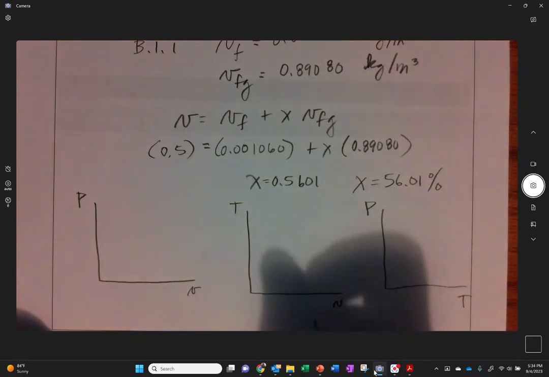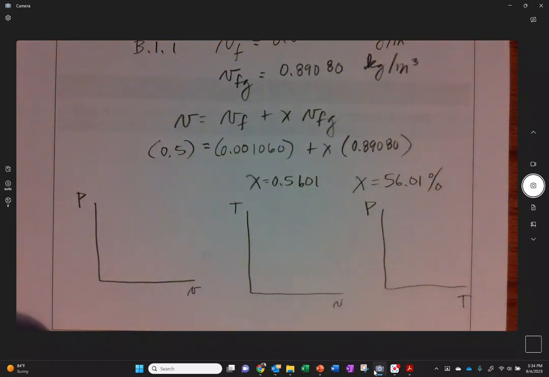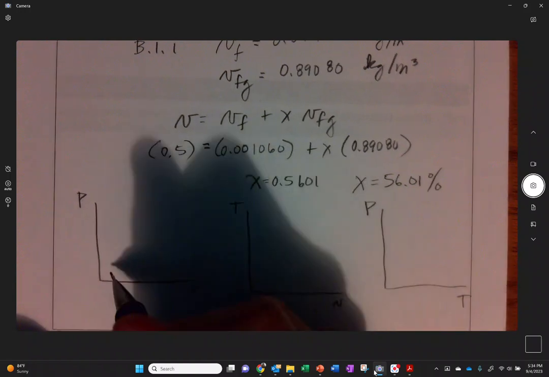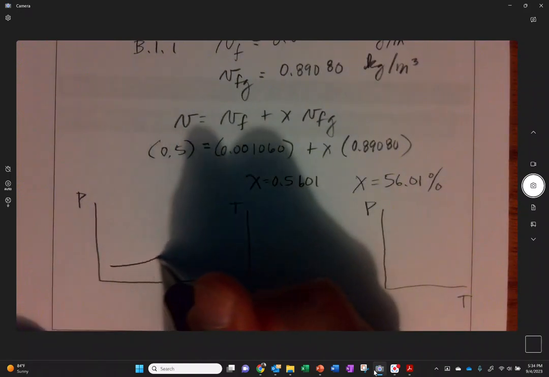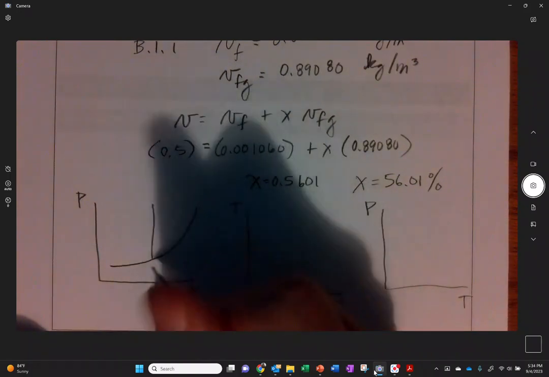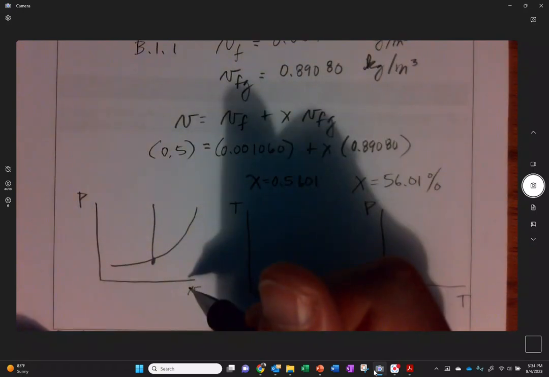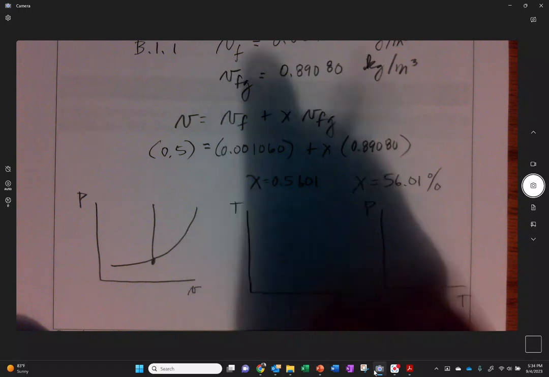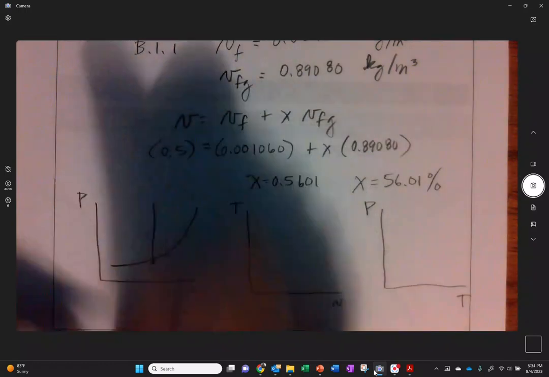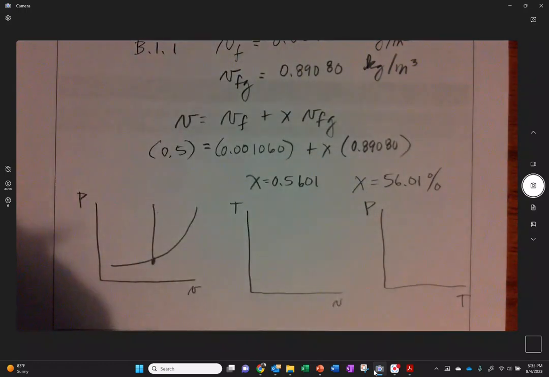So we're already kind of familiar with what these look like. This one, remember, looked kind of like that right there. Here's your triple point. All right, so nope, I'm sorry, my bad. I was reading them in the order that they would be in here.